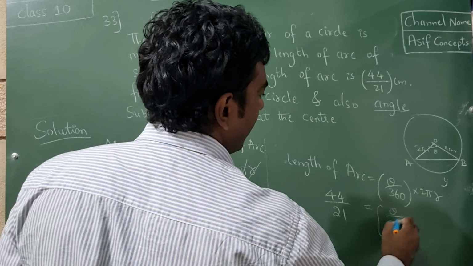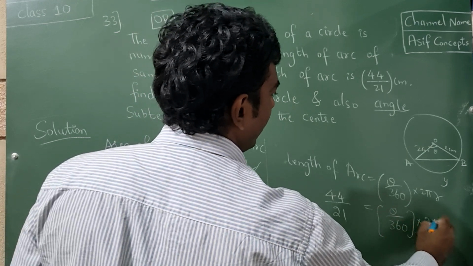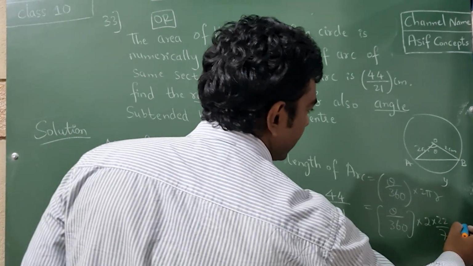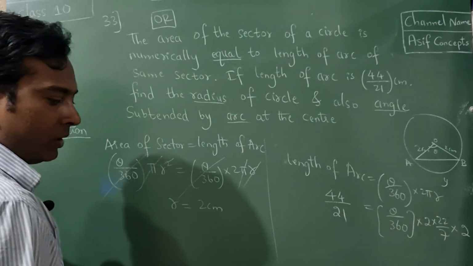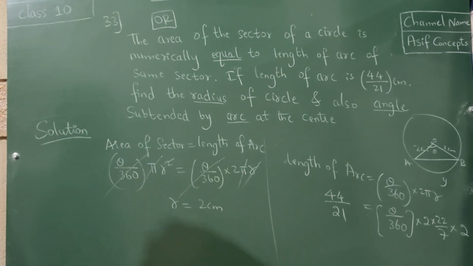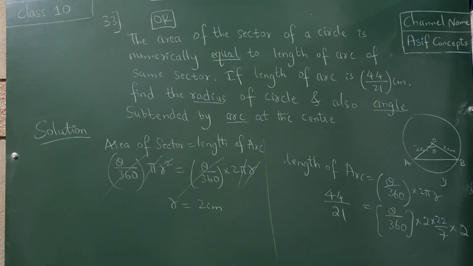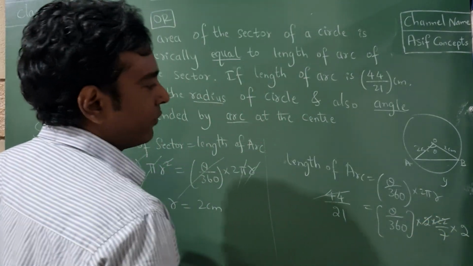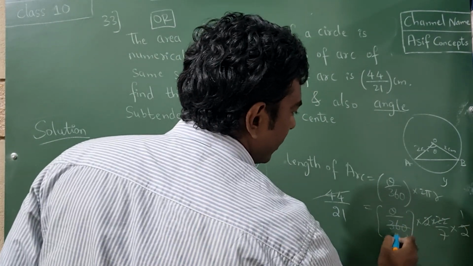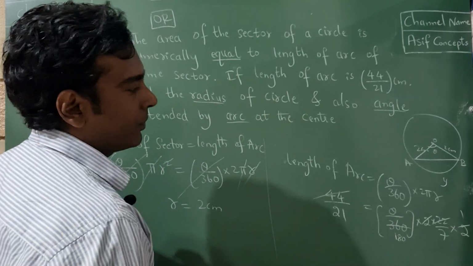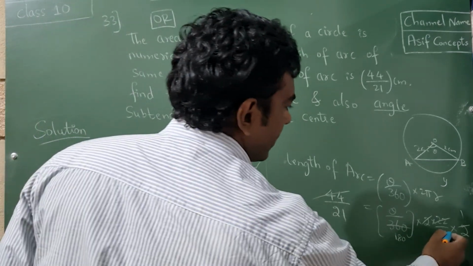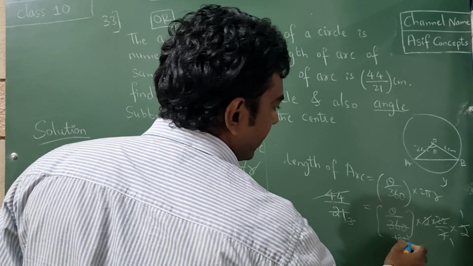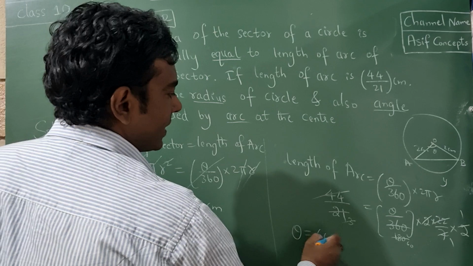So theta by 360 into 2 into 22 by 7, and the radius is 2. Now 2 into 22 is 44. 2 ones are 2, 21 twos is 180. Now 7 ones are 7, 3 ones are 3, 360. So the theta value is 60 degrees.